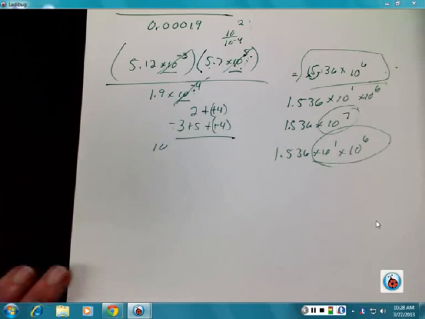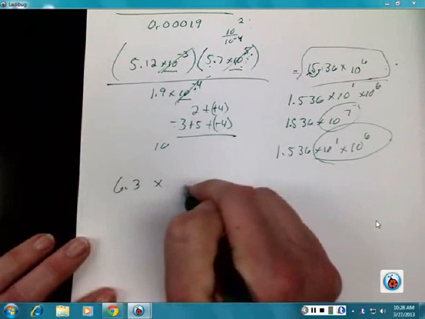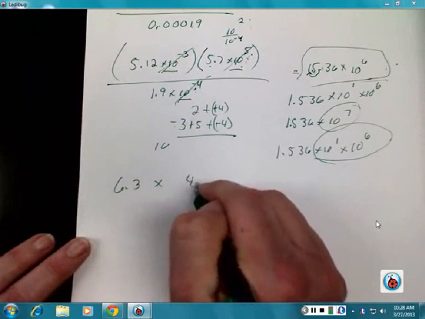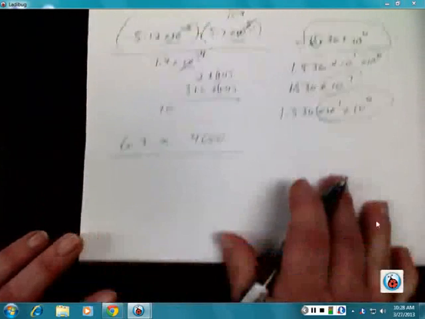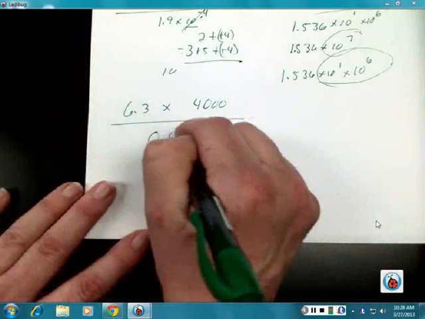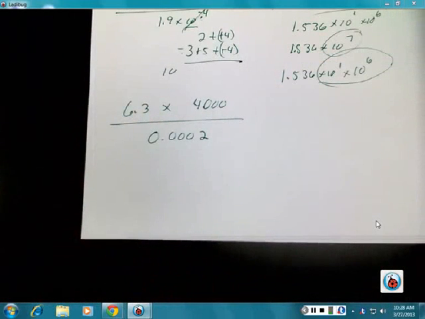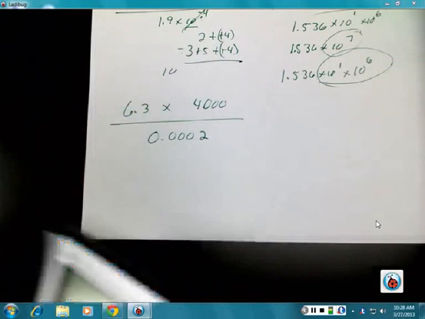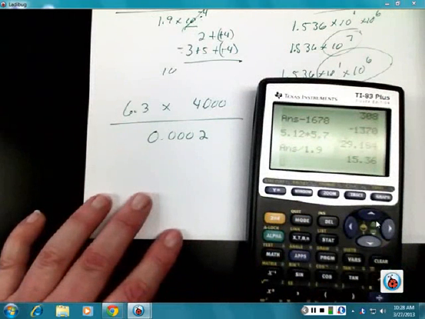So how about 6.3 times 4000 all over 0.0002. Let's see what we get with that one. Numerically, I could just stick those numbers on my calculator as they are: 6.3 times 4,000.